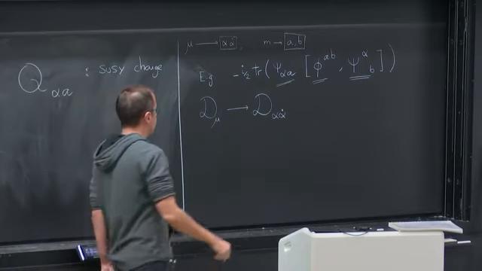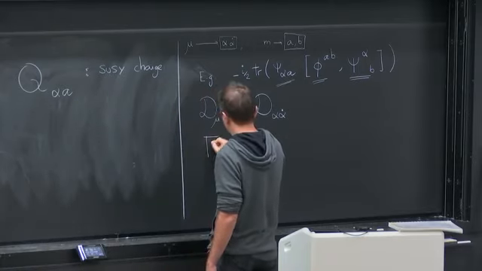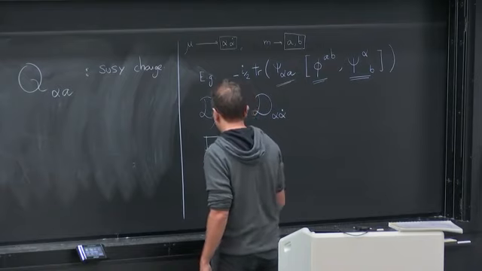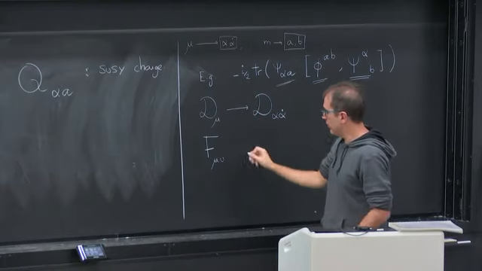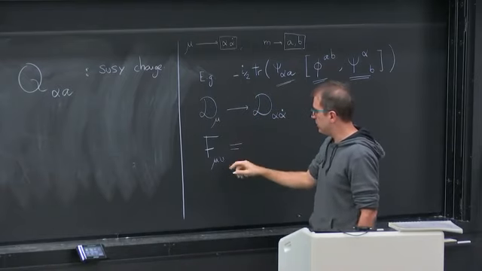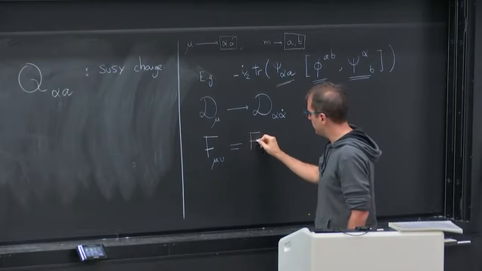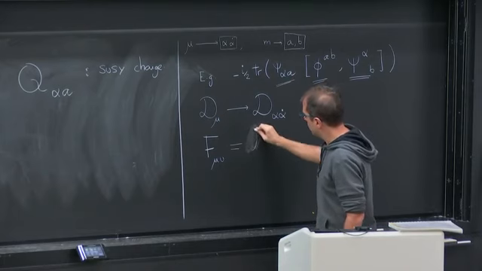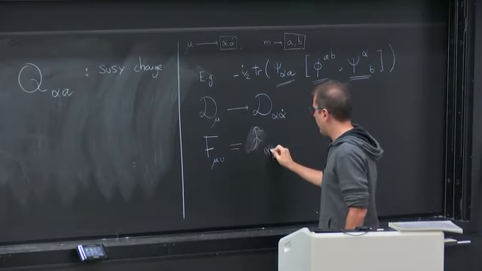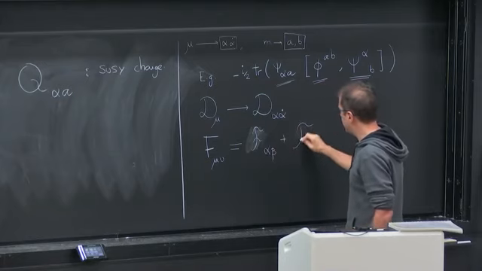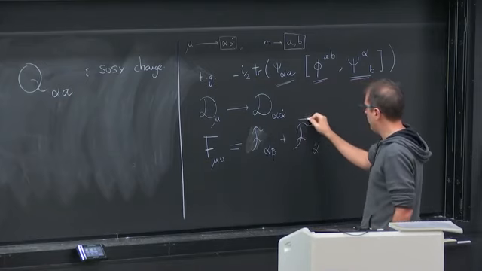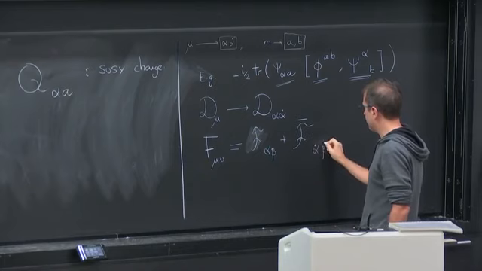And finally, there is F mu nu. And you know that F mu nu, when you convert into indices alpha and alpha dot, becomes F alpha beta plus F bar alpha dot beta dot.